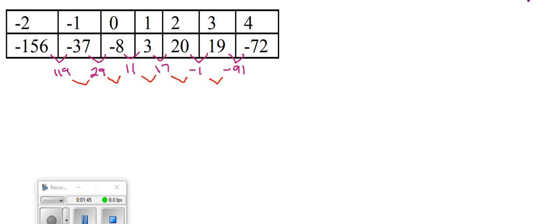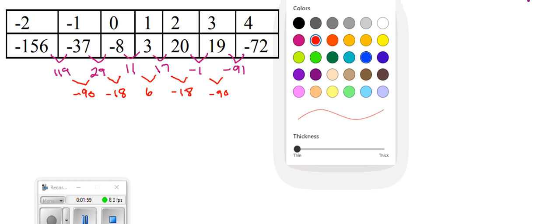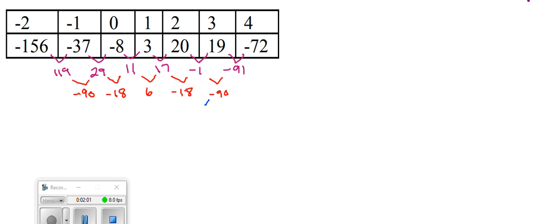So I'm subtracting these numbers and I get negative 90 there, negative 18, 6, negative 18, negative 90. I'm trusting you to be able to use a calculator or your brain to figure these ones out. Full confidence in you.